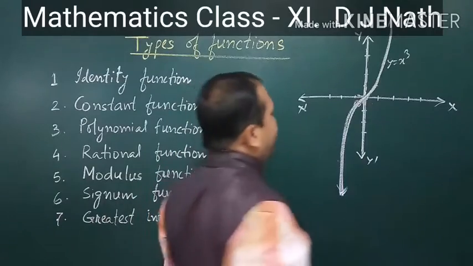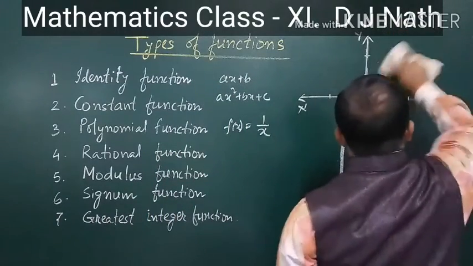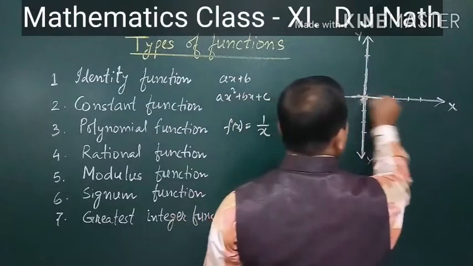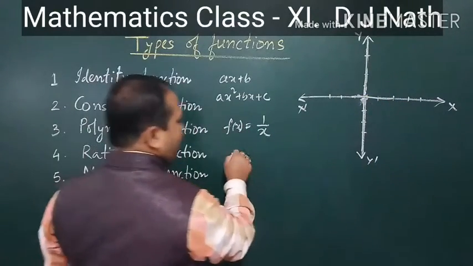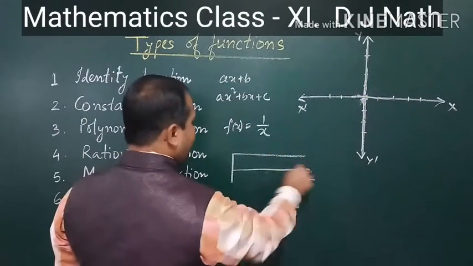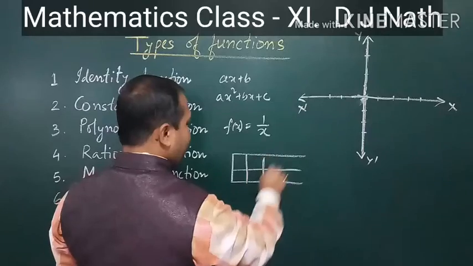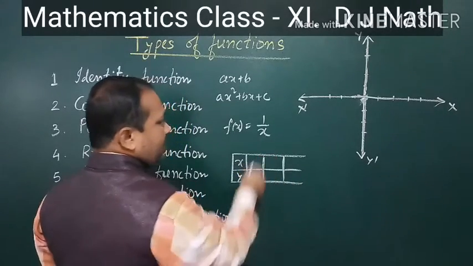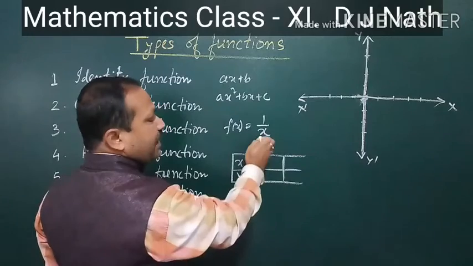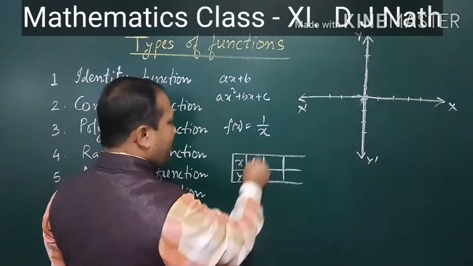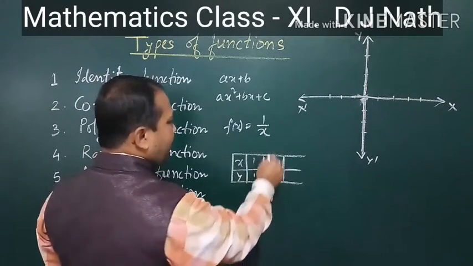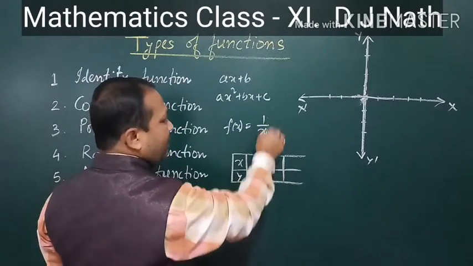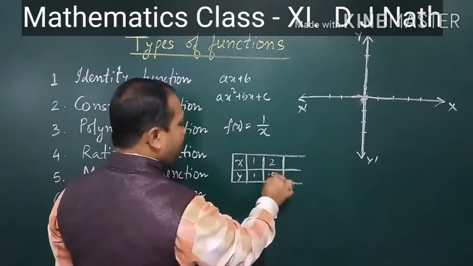Okay? So how will the graph of a rational function be? See, x equal to 0 you cannot take. So if x is 1, f(x) is 1. If we take x as 2, then f(x) will be 1 by 2, which is 0.5.